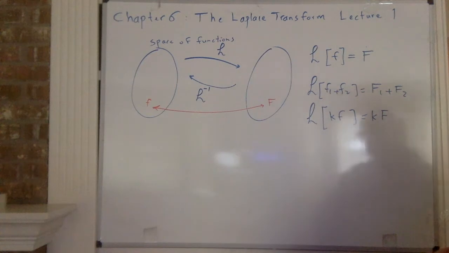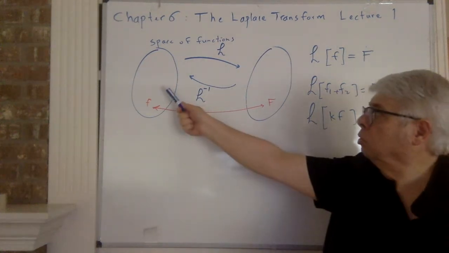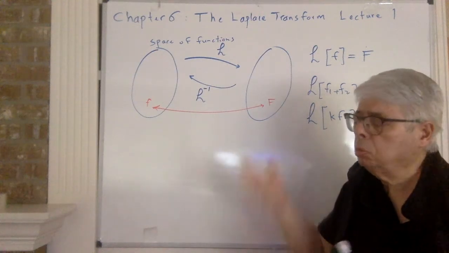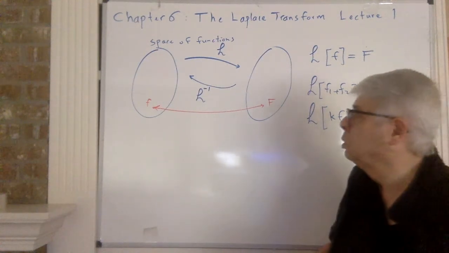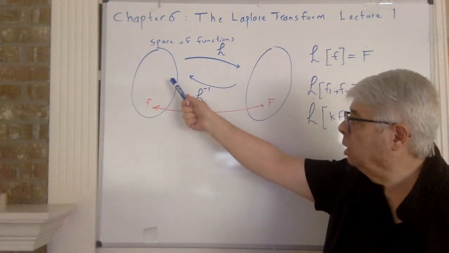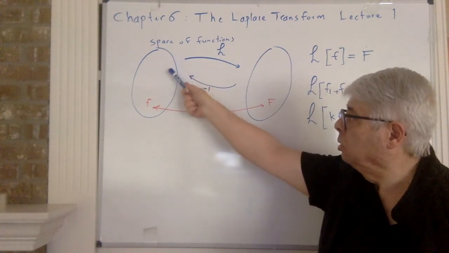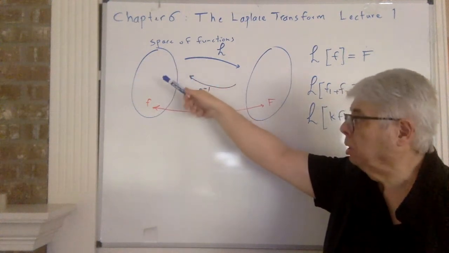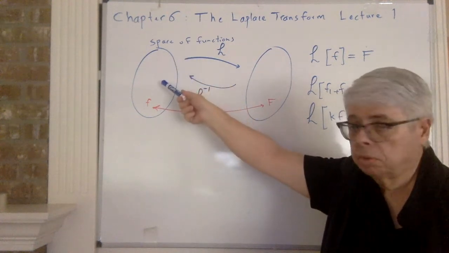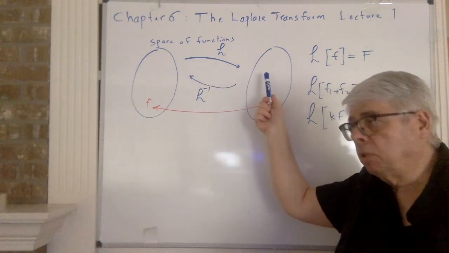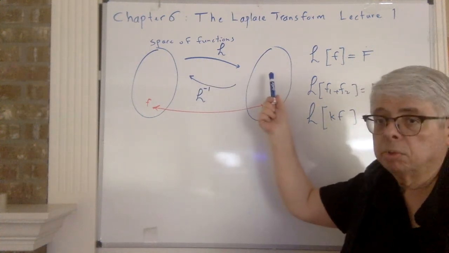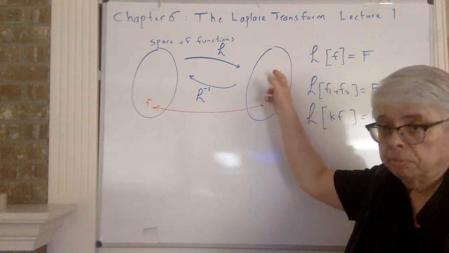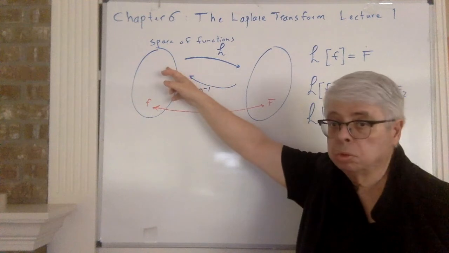Now, what we do here is this. In this space, which is like a space of functions, say infinitely differentiable or something, we have a differential equation here. If we can bring this differential equation, which is something in this world, to some kind of equation, which you will see is an algebraic equation in this world, and solve it here, then back to this world.